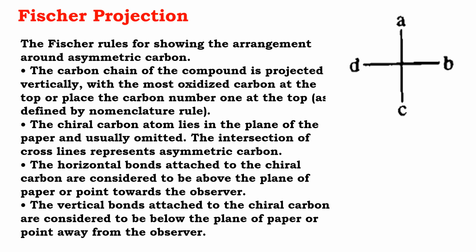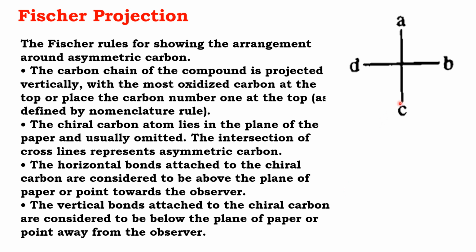Now we see the first one, that is the Fischer projection formula. When we represent a Fischer projection formula, we easily represent it by a vertical and a horizontal line. So to represent a Fischer projection formula, we have to consider these things.